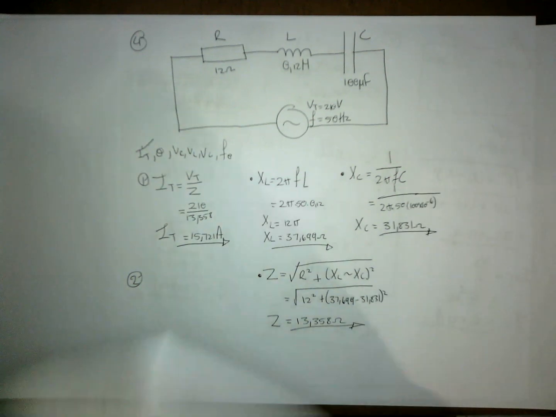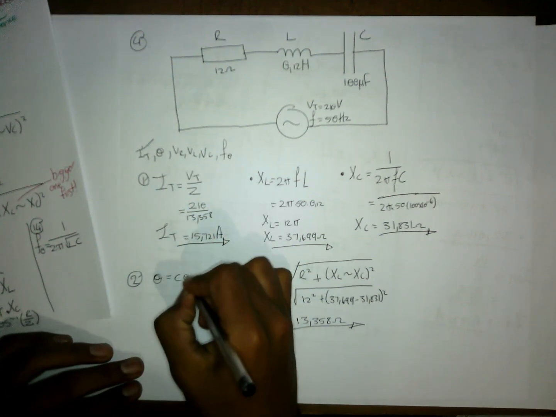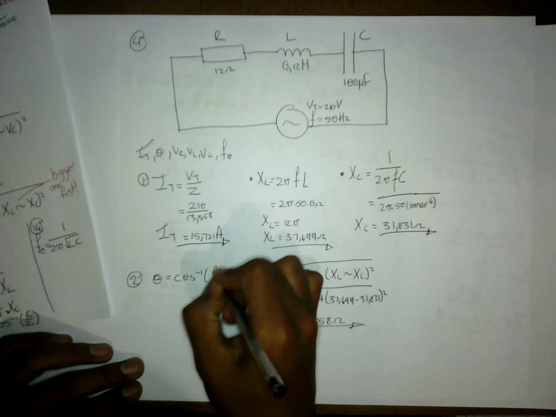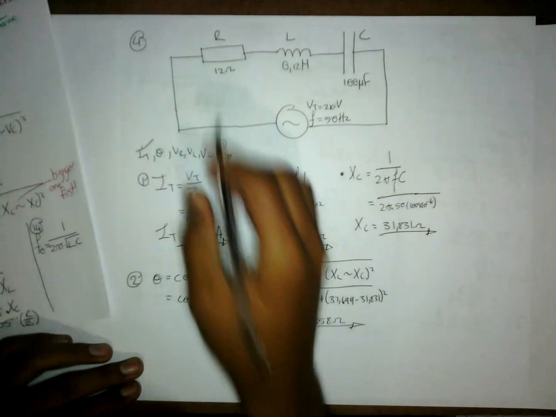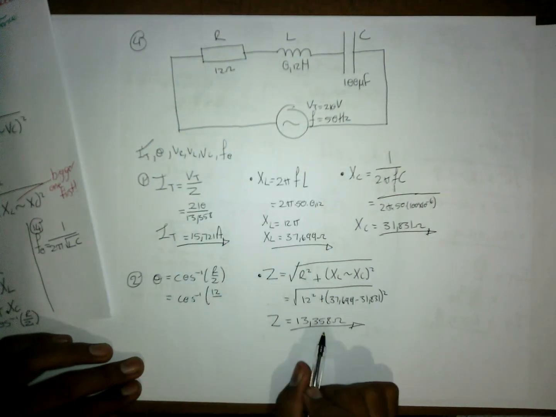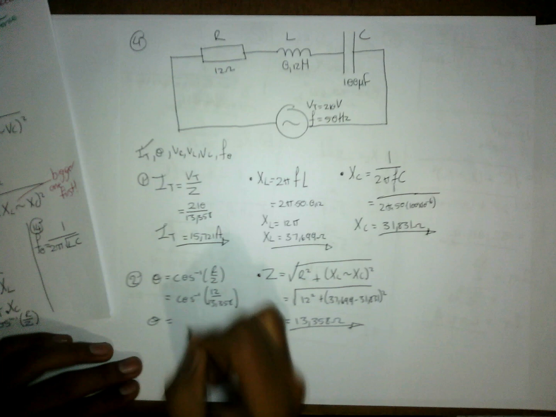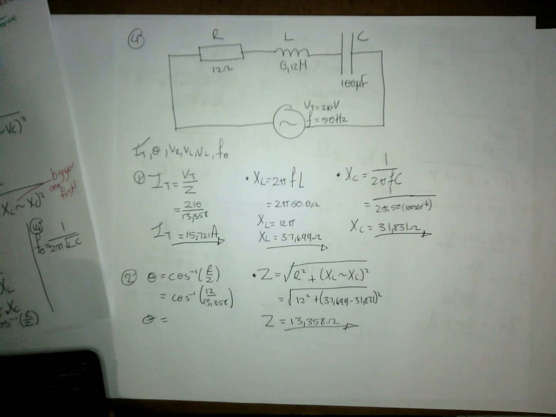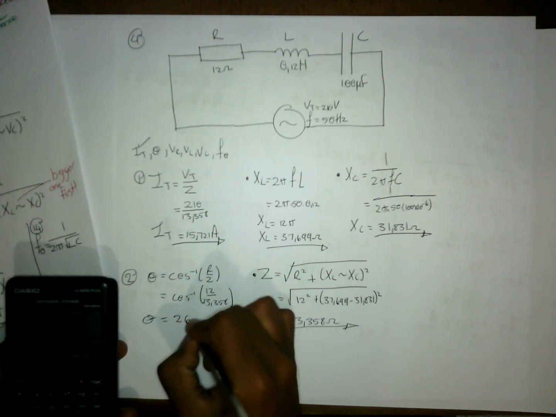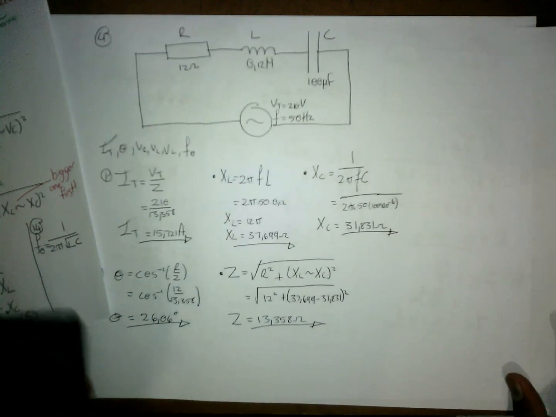So for phase angle, the formula for phase angle is the inverse cos of R over Z equals, our R value is 12, our Z is 13,358. Gives us 26,06 degrees. Did we all get that one?